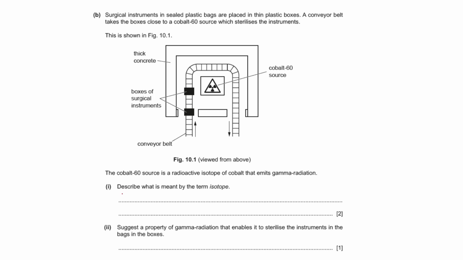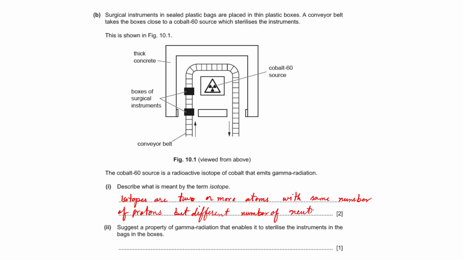Isotopes are two or more atoms with the same number of protons but different number of neutrons. So this is what is meant by an isotope.